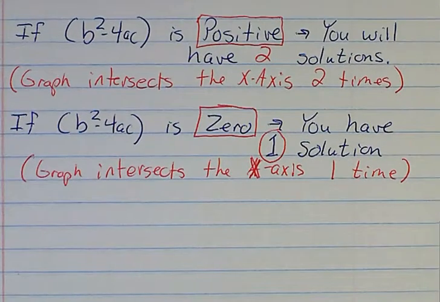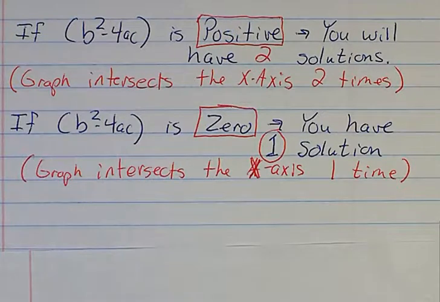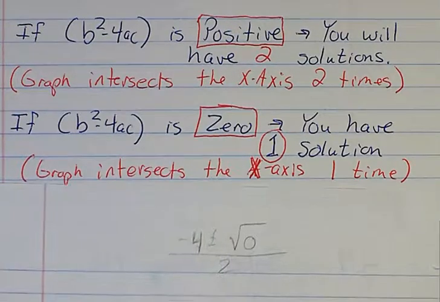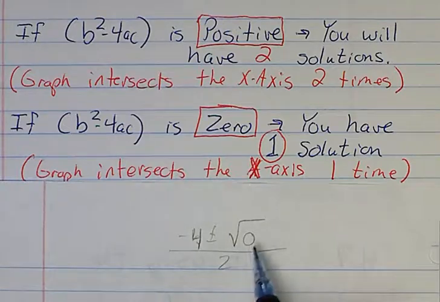Okay, and somebody's saying, well, I thought you said we'd always get two answers. Well, we do, but if that discriminant is 0, if it was negative b plus or minus, that number was 0 on the inside over, let's just say it was 2 times 1. It could have been negative 4 plus or minus the square root of 0. So if b squared minus 4ac is 0, that's 0 on the inside. What happens when you take the square root of 0?